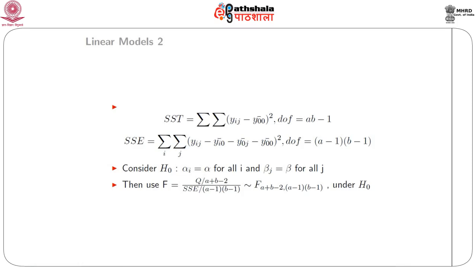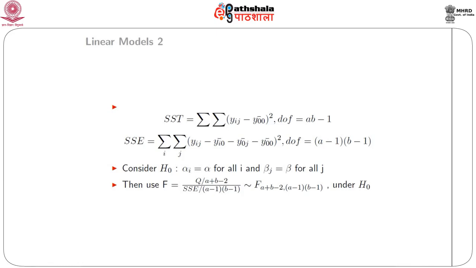So, figure out which of the negative signs should actually be a positive sign. Here the df is naturally a minus 1 into b minus 1. If you do not understand this, then try to read any standard book on linear models.